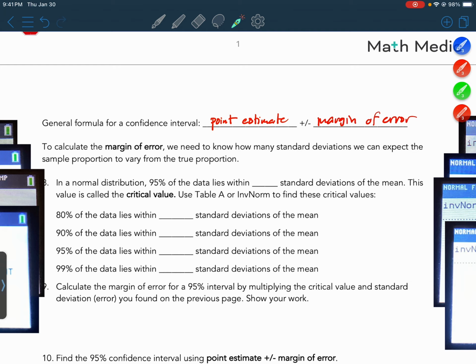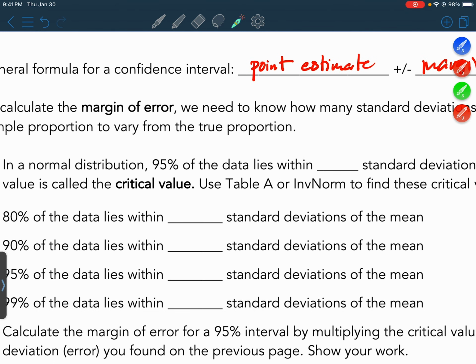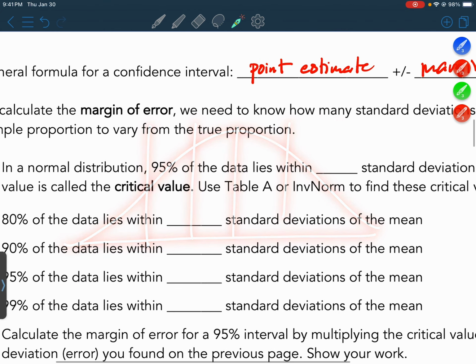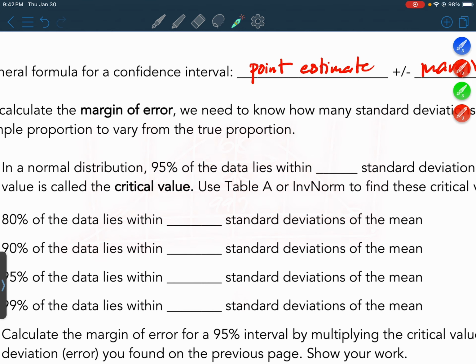To think about standard deviations from the mean, let's go back all the way to the first unit. Remember we learned about the 68, 95, 99.7 rule? 68% of the data should be within 1 standard deviation, 95% within 2 standard deviations, and 99.7% within 3 standard deviations.